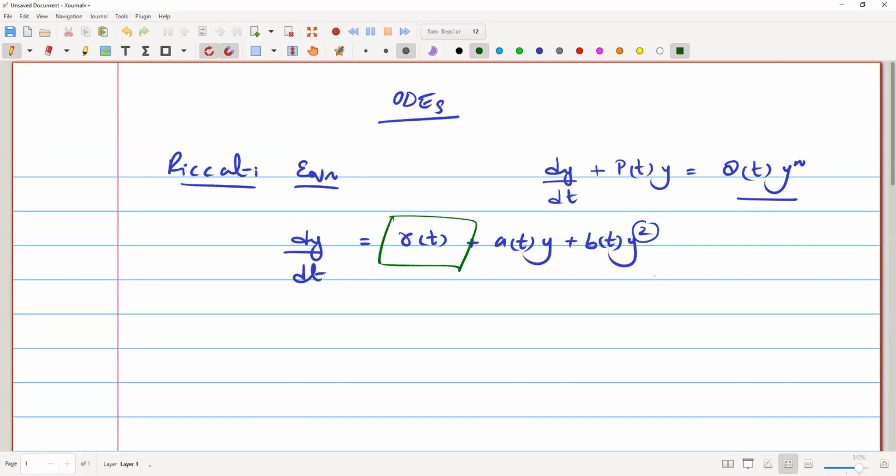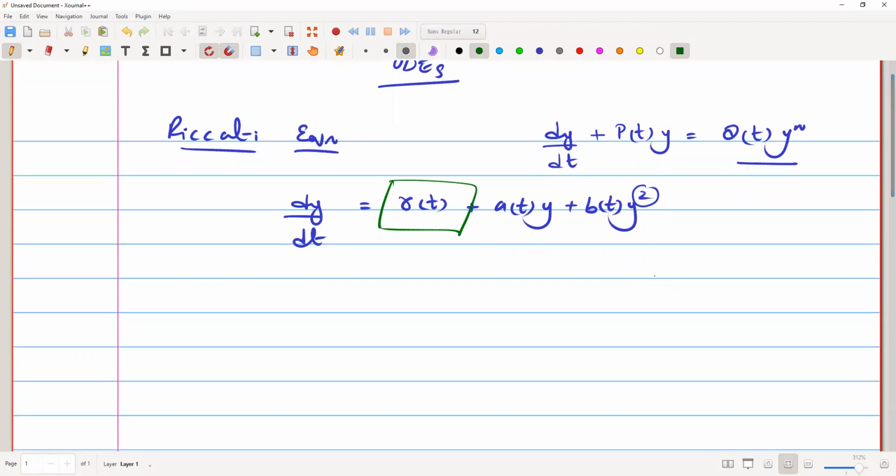So let's see how to solve these types of equations. In the case of Bernoulli's equation, we converted it to a first order linear equation and then solved it. And for this type, we will convert it into Bernoulli's equation, and we'll see how we can convert. There is no general method for solving this equation.